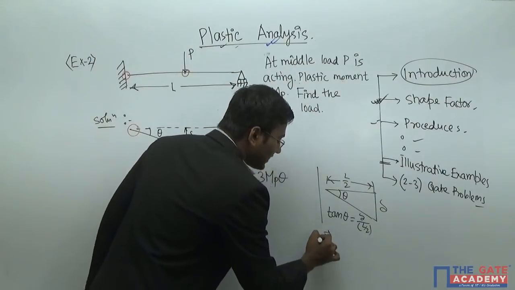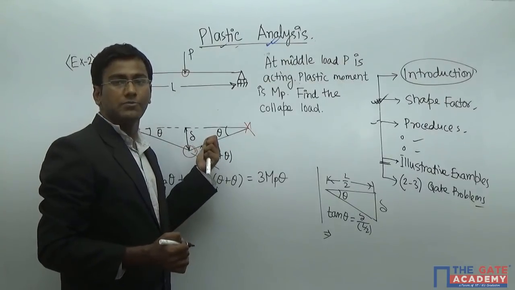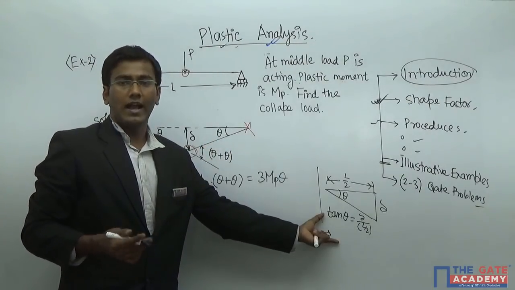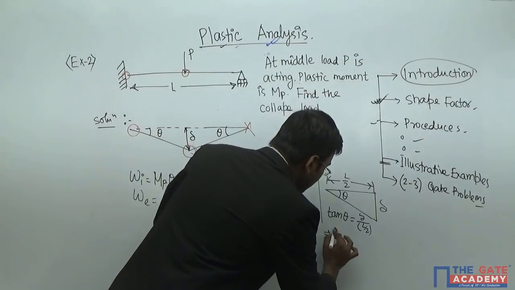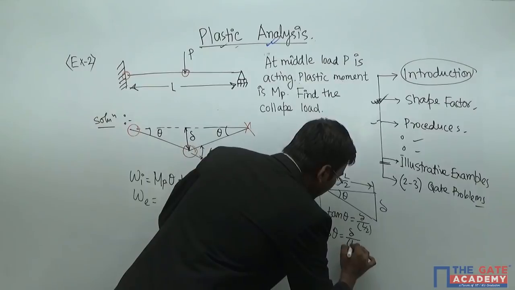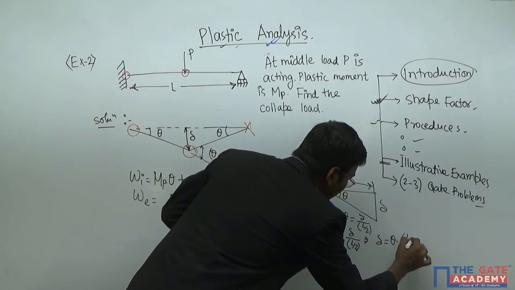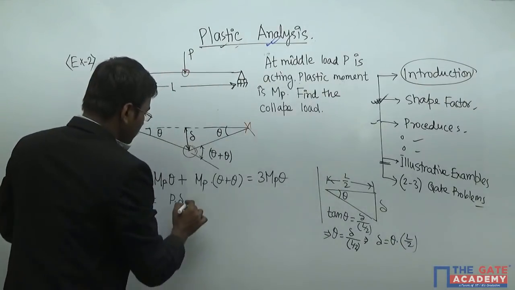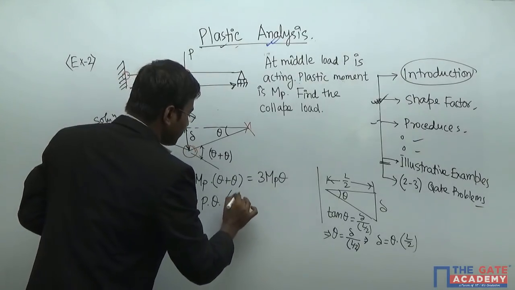Theta is very small in real life problems. So we can write theta equal to delta by L by 2. Just write delta equals theta into L by 2. So simply P into theta into L by 2.